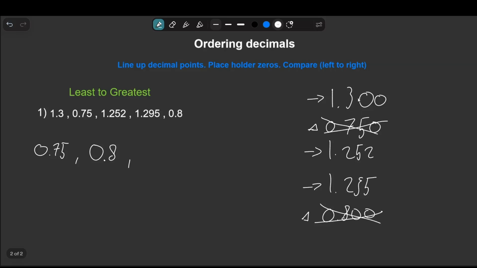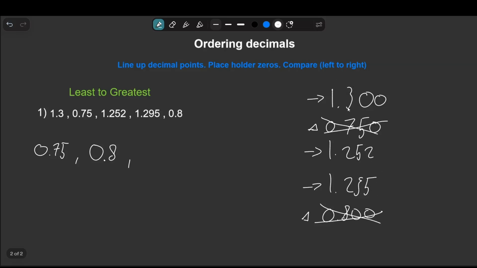So immediately we can see this one is larger than these two, because the more left you go in a number, the more value the number has. So this 3 has more value than these 2's, because it is all the way to the left, even though this looks bigger because it's 252 and 295.